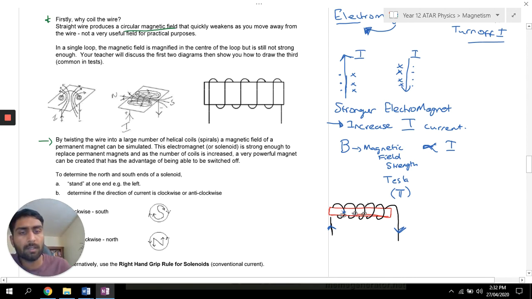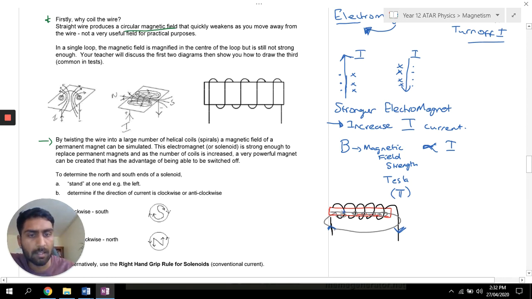On the opposite side, you'll have the same. On the top, you'll have the same, etc. So what happens, in essence, is that on this side all of these mini magnetic fields are going the same way, so they reinforce and act as a big magnetic field in that direction.